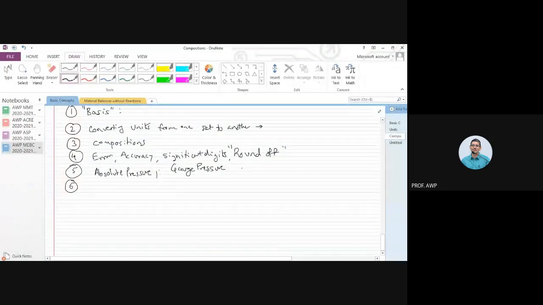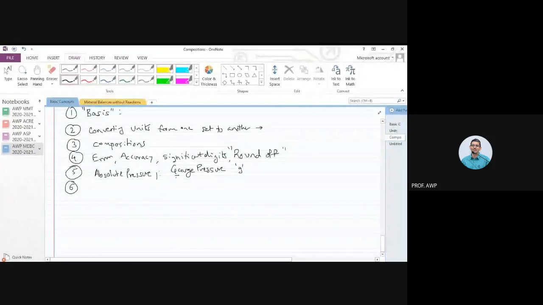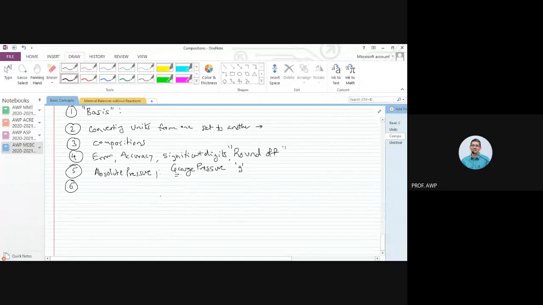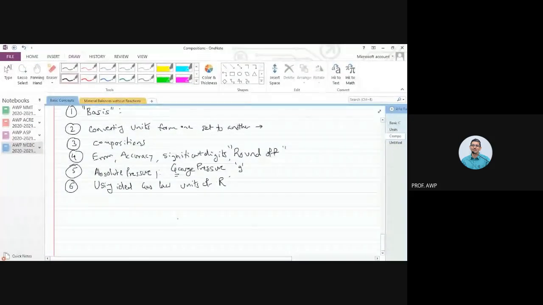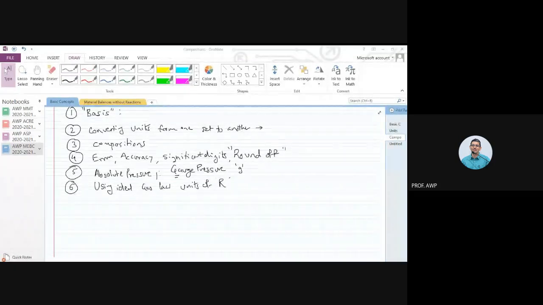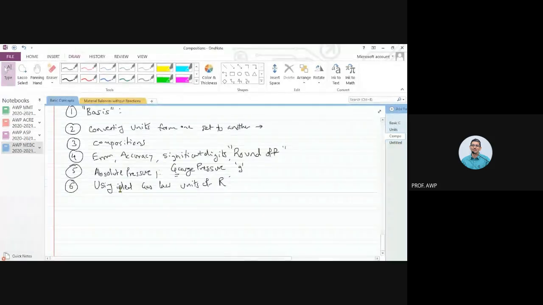So gauge pressure we will just denote by suffix G standing for gauge. Another important point that we learned today, using ideal gas law. Units of R. Right? Any other thing that we learned today?